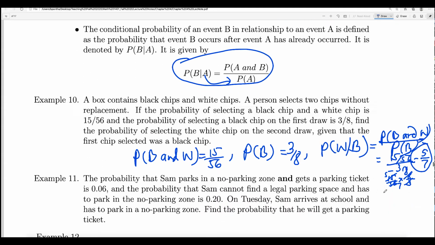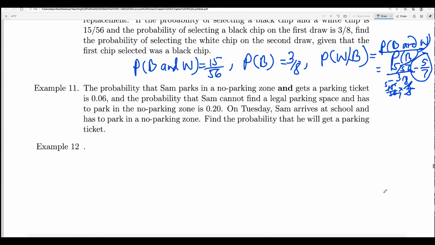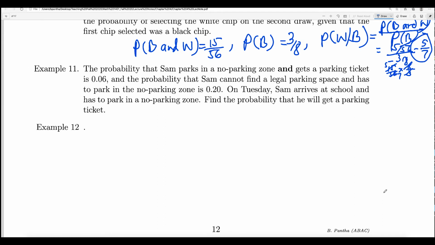Alright, let us do example number 11. The probability that Sam parks in a no parking zone and gets a parking ticket is 0.06, and the probability that Sam cannot find a legal parking space and has to park in a no parking zone is 0.20. On Tuesday, Sam arrives at school and has to park in a no parking zone.